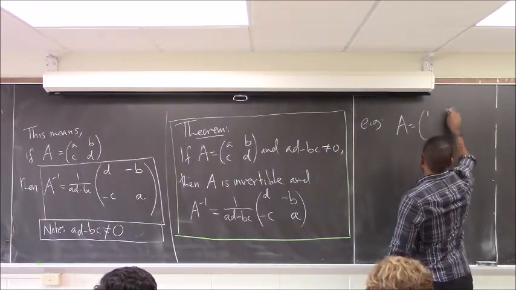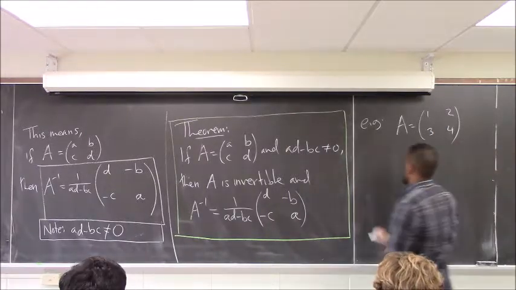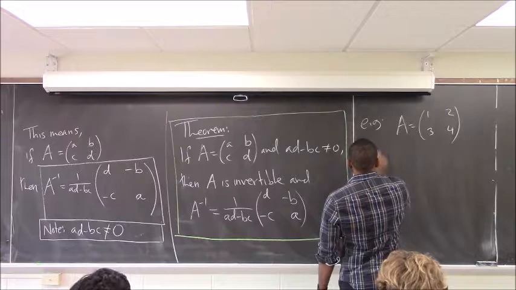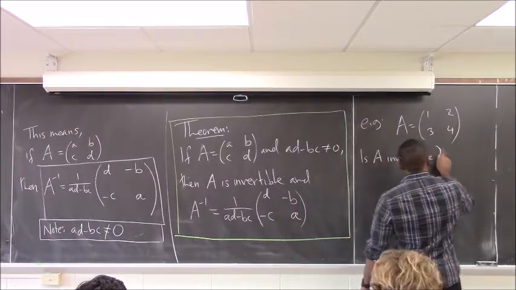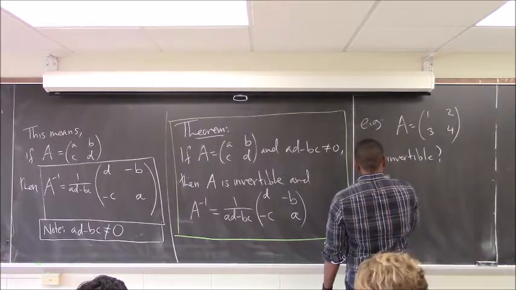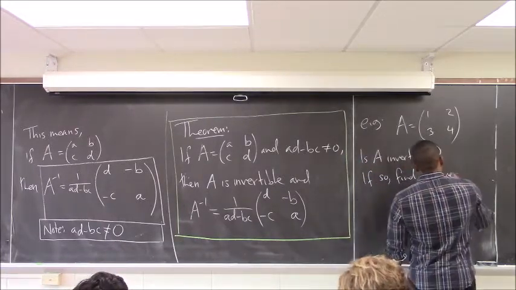Suppose A equals 1, 2, 3, 4. Is A invertible? If so, find its inverse.